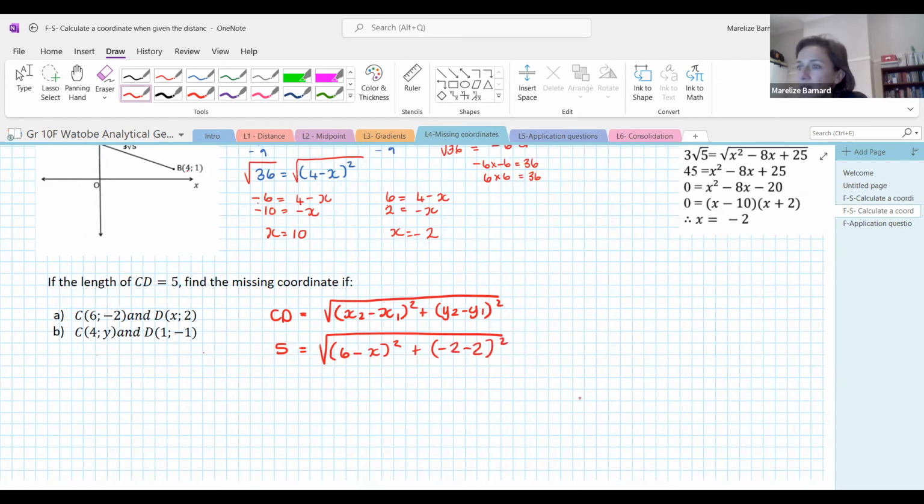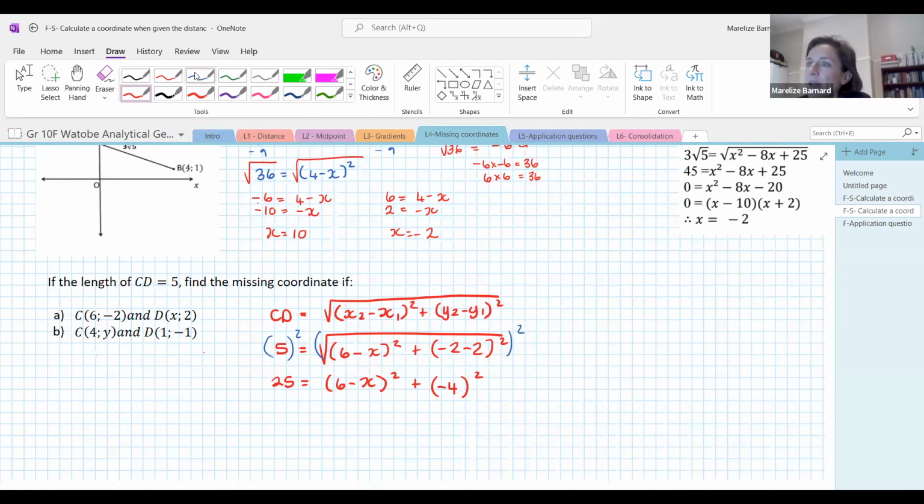squared. Okay, to get rid of these square roots, so we don't complicate things, we square both sides. So that's 25. And you have 6 minus x squared. And then minus 2 is minus 4, and we're going to square that.